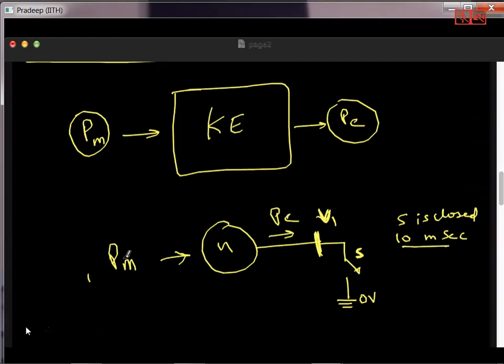But mechanical power cannot become 0 during the 10 millisecond period, because there is a heavy boiler, steam is heated, and high pressure steam is coming to the nozzle. The nozzle cannot move in such a short time of 10 milliseconds. So practically the mechanical power is constant.